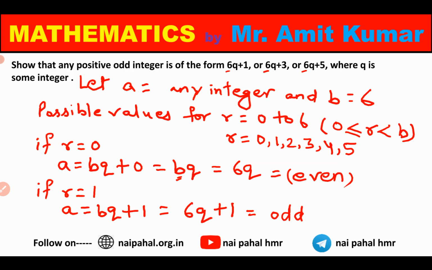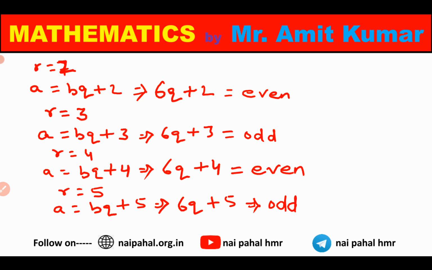So according to our question, any positive odd integer is of the form 6q plus 1, 6q plus 3, 6q plus 5, in which we have got positive odd integers. We got an odd integer in 6q plus 1. Yes, it is correct. In the second part, we have 6q plus 3.